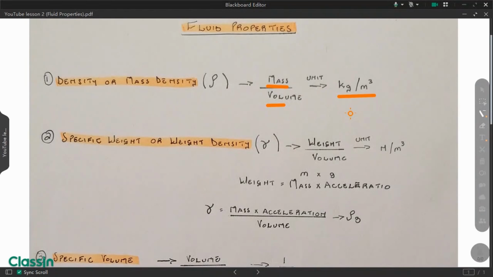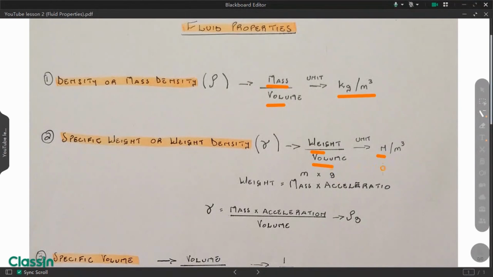We also have the specific weight. The specific weight is a ratio of a fluid's weight to its volume. So it's weight over volume. We know weight is equal to mass times gravitational acceleration. It's a force, so it has units of newtons.